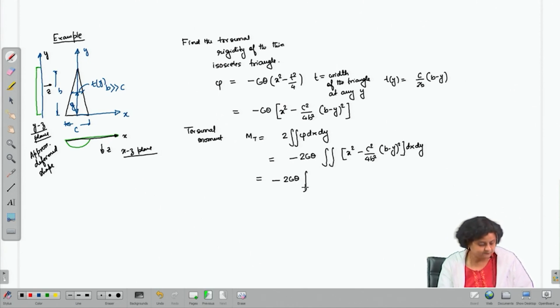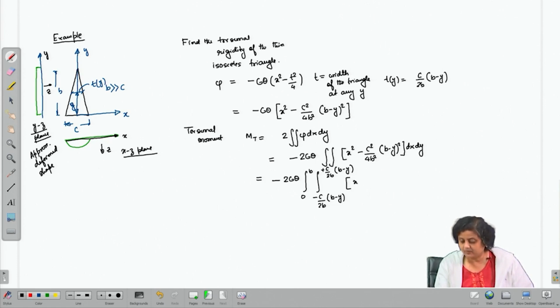The limit of y is from 0 to b, whereas the limit of x is from minus c by 2b into b minus y to plus c by 2b into b minus y. This is the limit of x that we have to consider, and then we have x squared minus c squared by 4b squared into b minus y whole squared, dx dy.